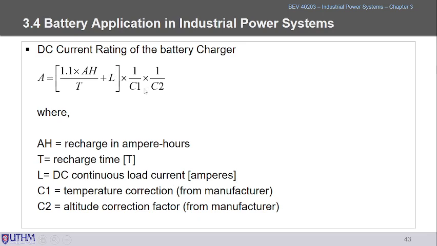We have another two factors to be considered here, C1 and C2. C1 is the temperature correction from the manufacturer, and C2 is for the altitude where we place our battery. For example, if you place the battery at Mount Kinabalu, the altitude there is about 4095 meters. Then you have the correction factor for that particular altitude.